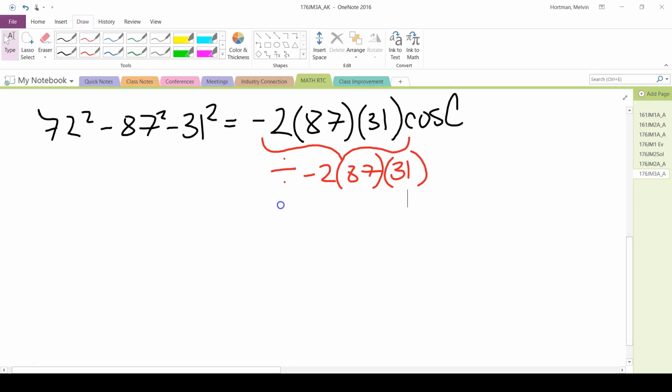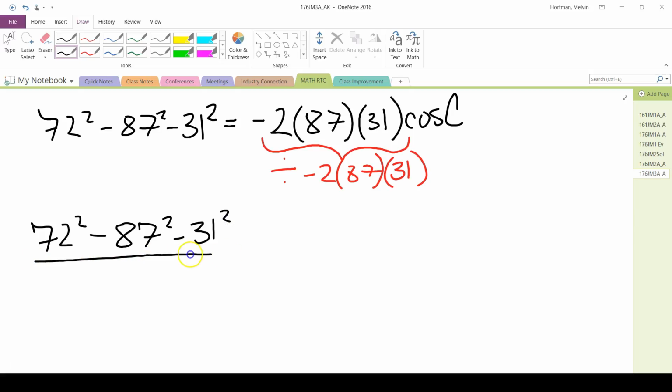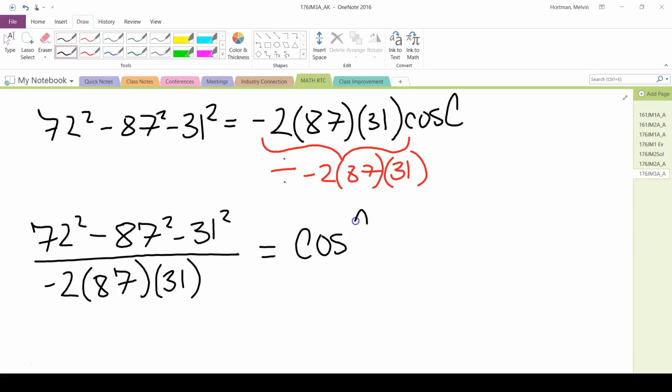Let me scroll up here. So we have 72 squared minus 87 squared minus 31 squared, all divided by negative 2 times 87 times 31 equals cosine of C.